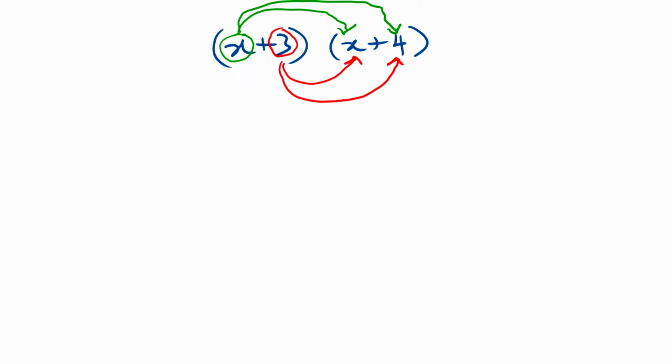We are distributing each of the terms in the first expression over each of the terms in the second expression. So the green bit will result in s squared plus 4s. The red bit will result in plus 3s plus 12. So we are multiplying out every term in the first bracket with the second one.